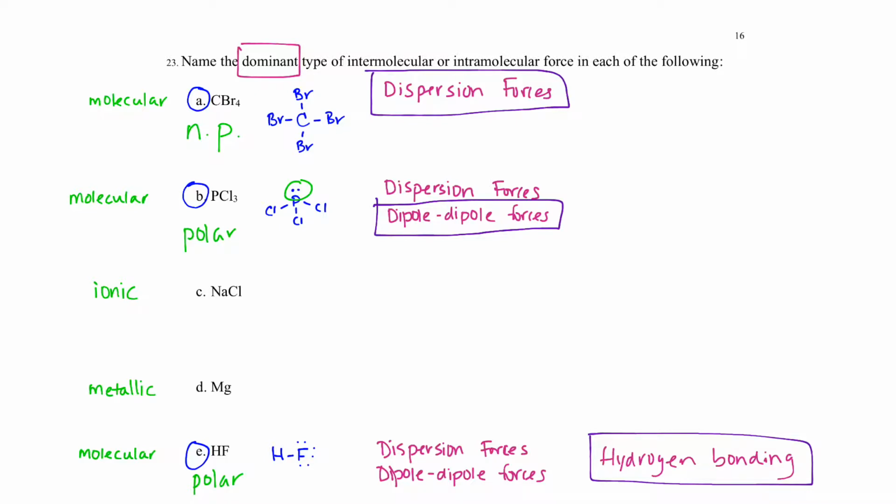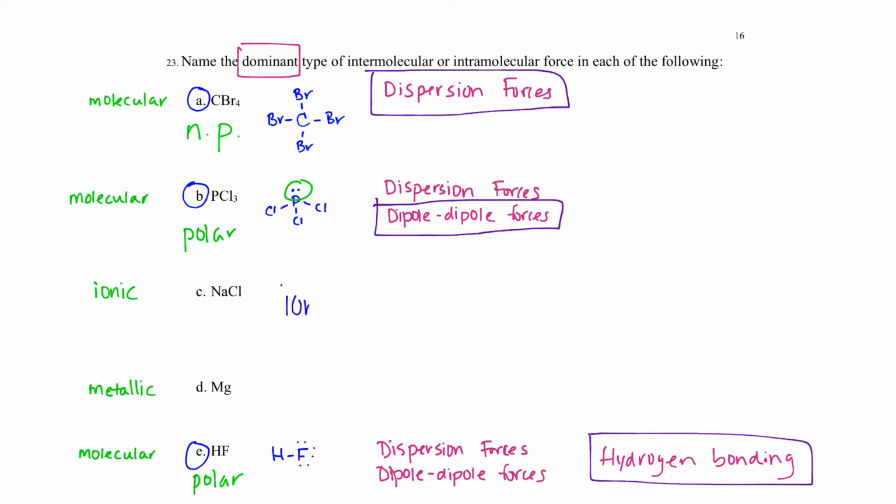C and D are odd because they are not molecular, so we can't draw Lewis structures for them. This really goes back to when we were talking about our solid states. We talked about the five different ones and some properties and how to classify them. If something is ionic, it is held together with intramolecular forces, and those would be ionic bonds.